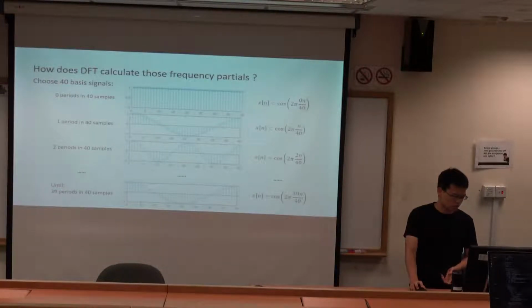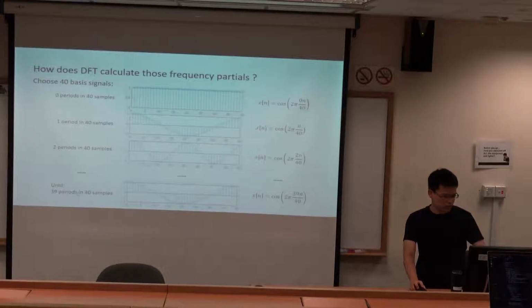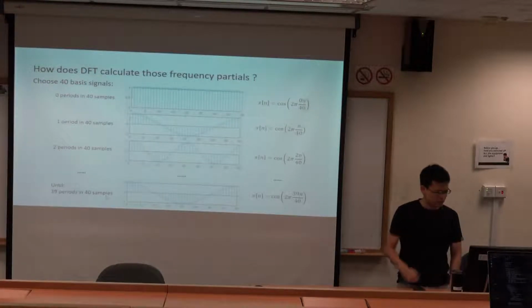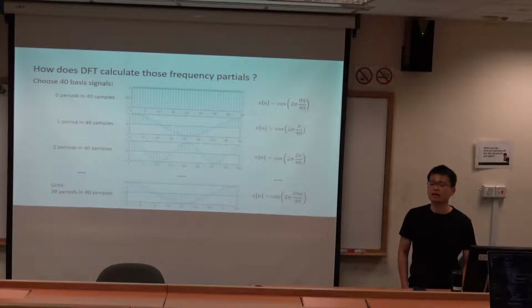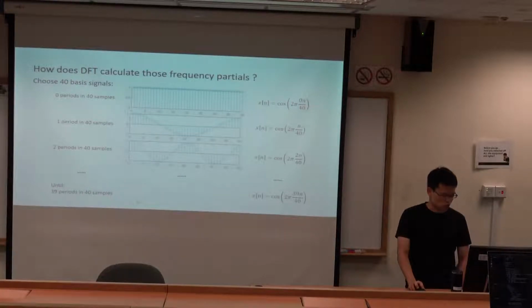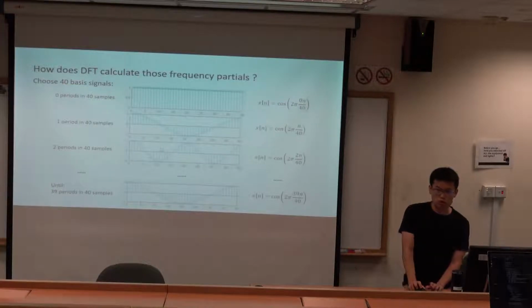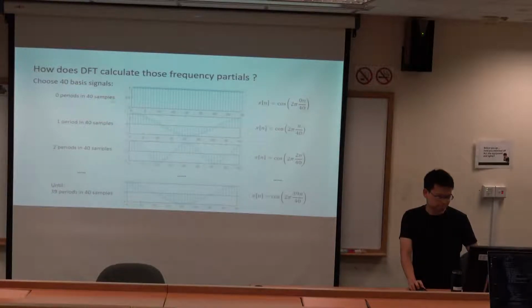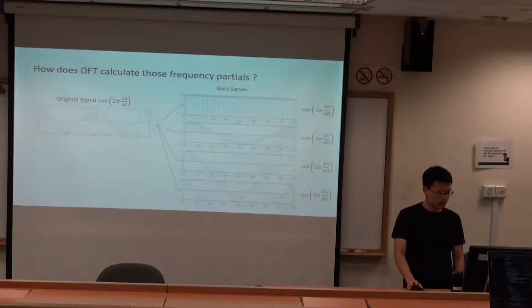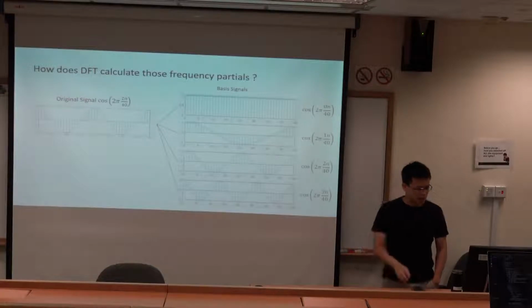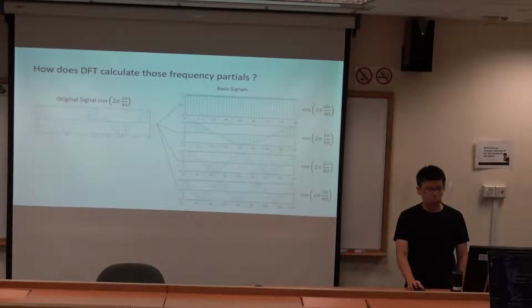However, if you sample only 40 times for 39 periods, it's far from enough. So basically what we are mostly concerned with is the first 20 basis signals. Then what we'll do next is compare my original signal with all the 40 bases.